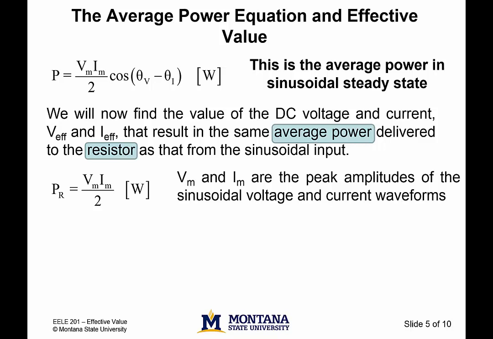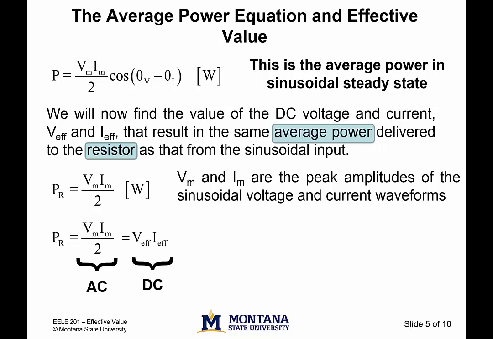To find the effective values of voltage and current, we equate the average power equation to the power dissipated by a resistor with DC voltage and current. That is as follows. Vm Im over 2, again, corresponds to the AC case. And recall, V effective and I effective represent DC voltages.